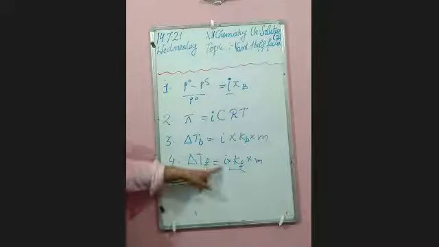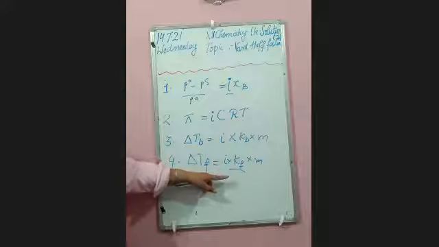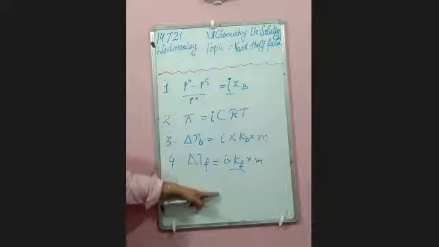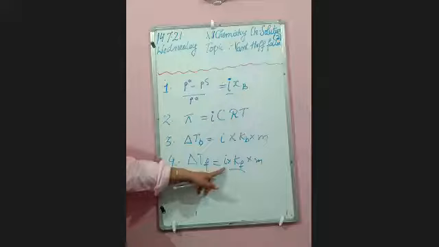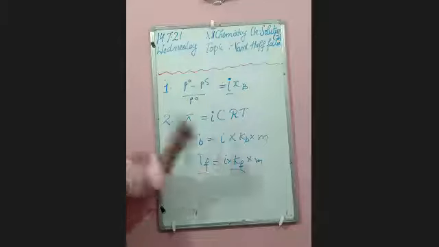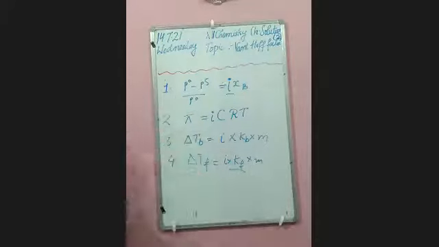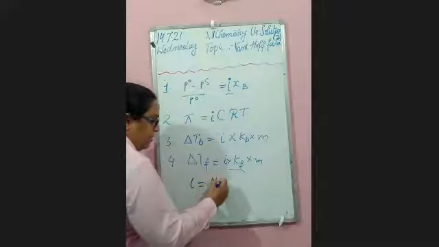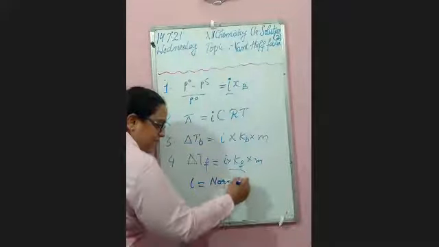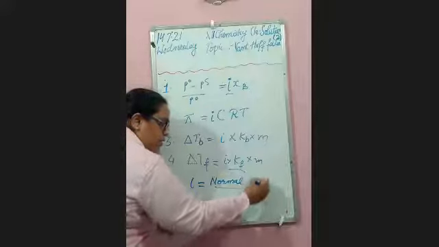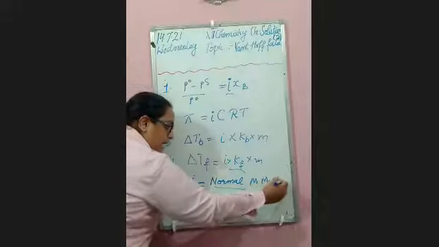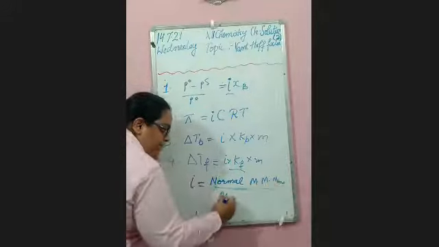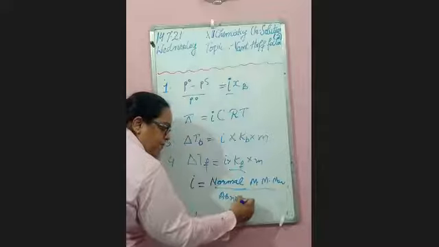Van't Hoff factor value, you know, is observed colligative property over theoretical colligative property. Or in terms of molar mass, i can also be calculated as the normal molar mass, which we are expecting, and abnormal, which is coming from the experiments.